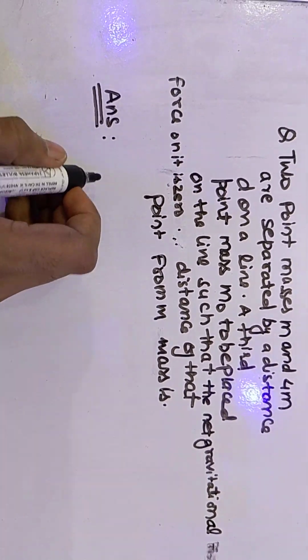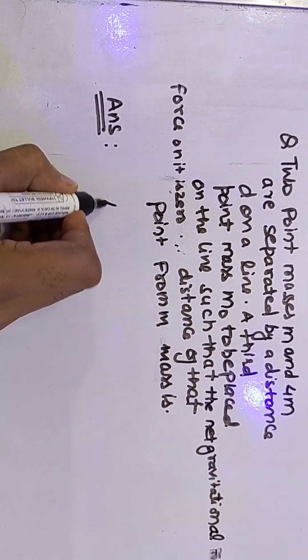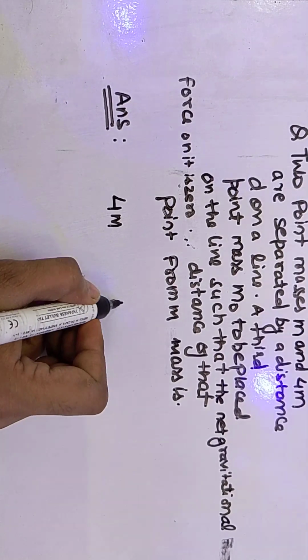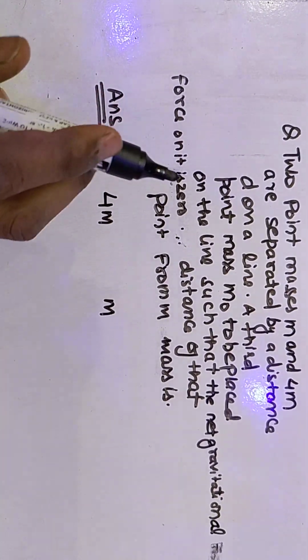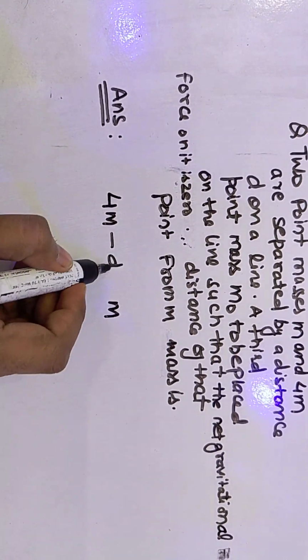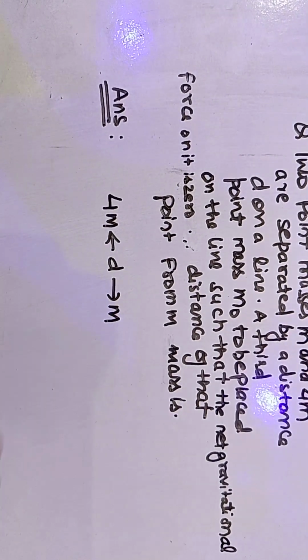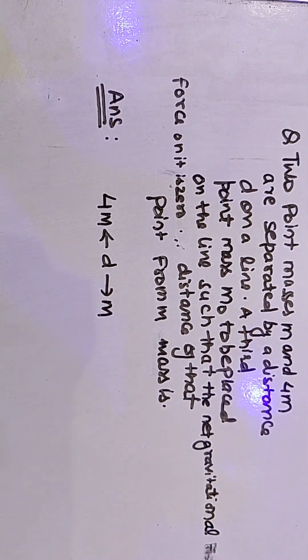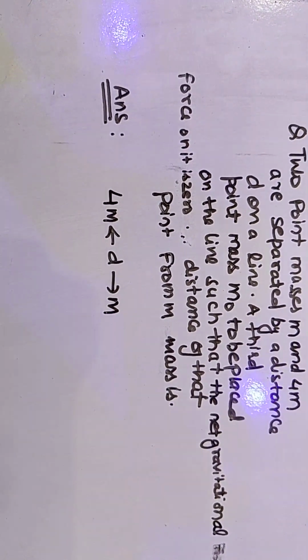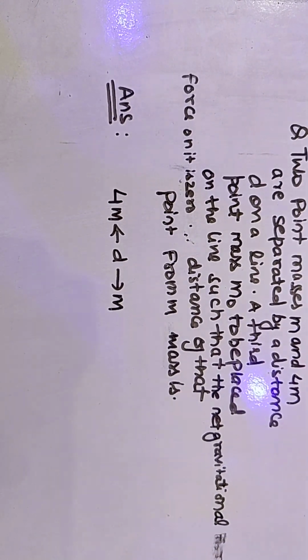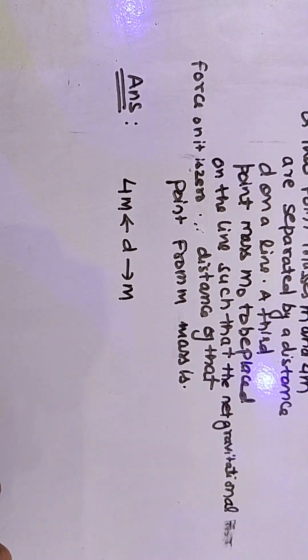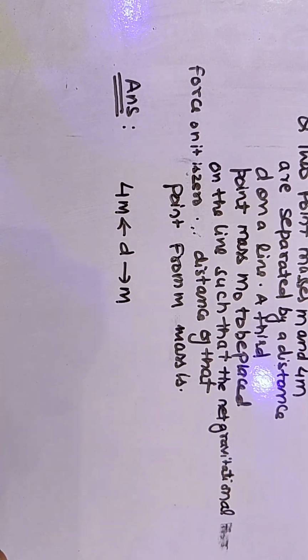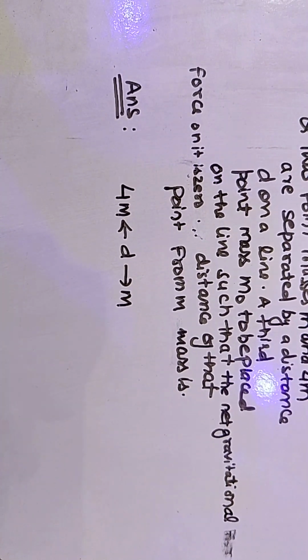Two point masses 4m and m are separated by distance d. A third point mass m0 is to be placed on the line such that the net gravitational force on it is 0.